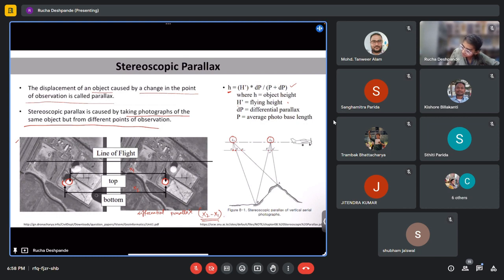We need the information about differential parallax, which is this, and then we need the average photo base length. So this average photo base length is the difference between the principal point and conjugate principal point. So that part was covered in the lectures. I hope this is clear.